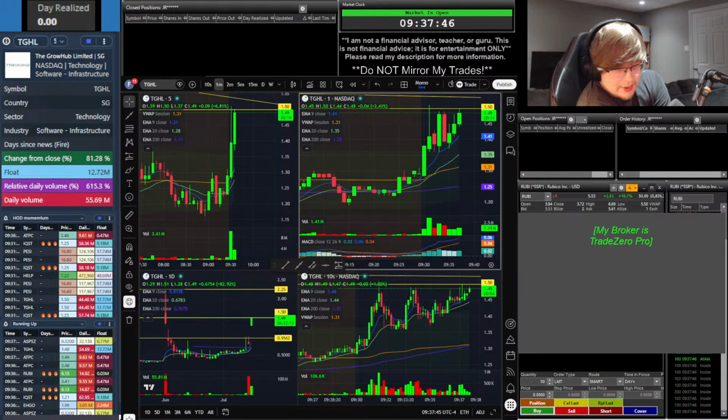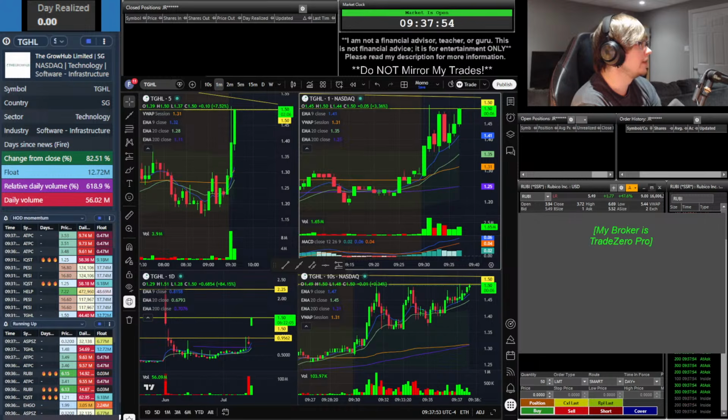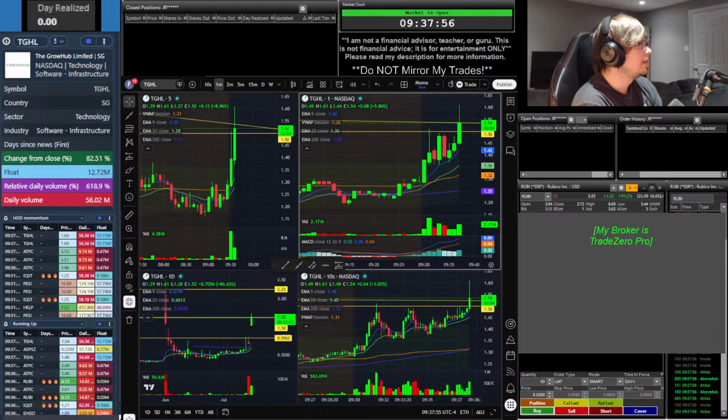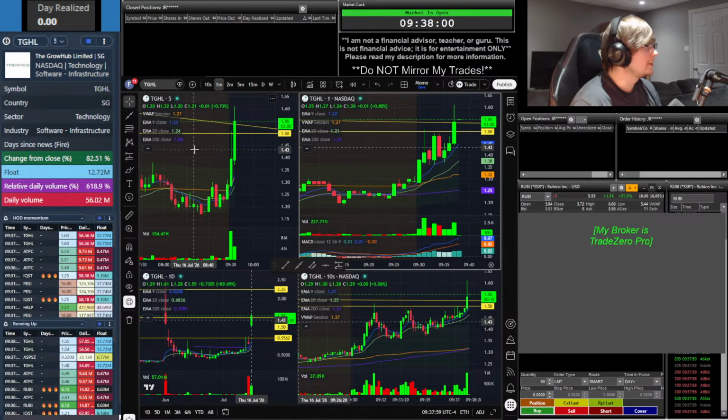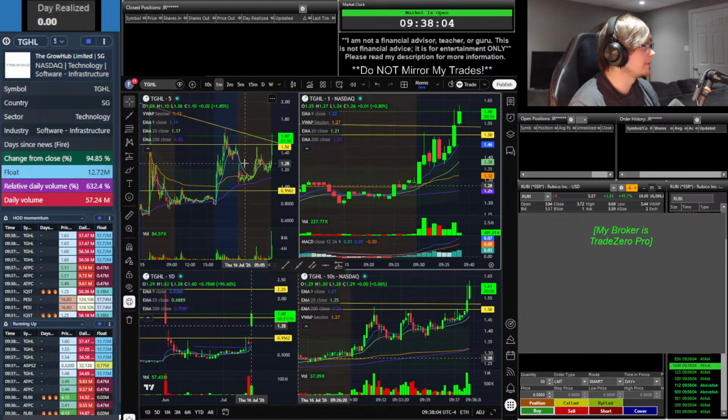IQST and DGHL were kind of the only things moving today, but they're just not in the price range that I like to trade, sadly. So this is testing the descending resistance right now, breaking through actually.